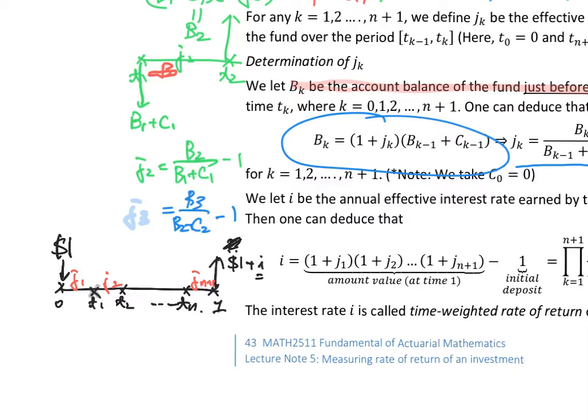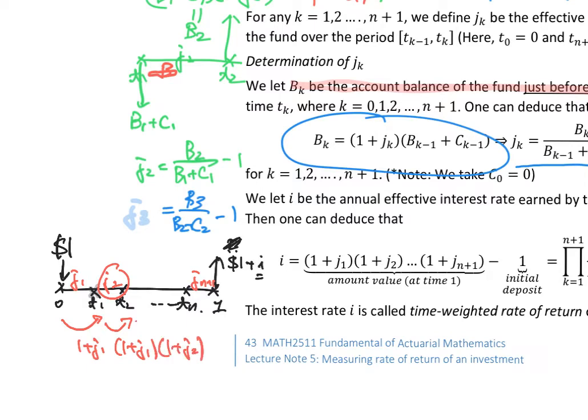Over the first period, you earn the interest rate J1, isn't it? So at time T1, you will get 1 plus J1. Over the second period, the EIR is J2, so at time T2, you will get (1 plus J1) times (1 plus J2).